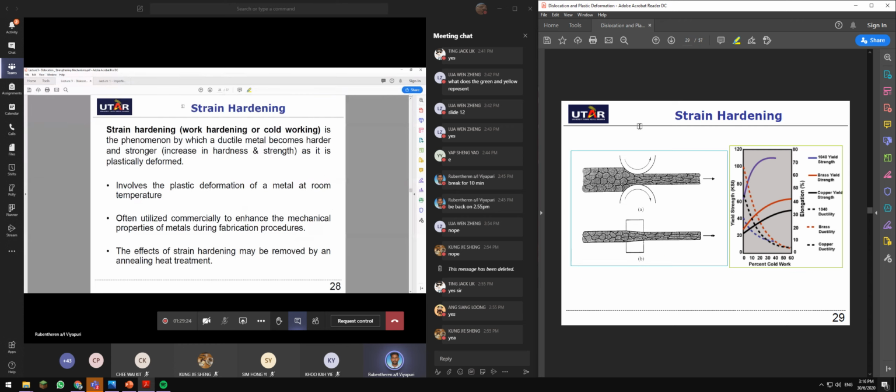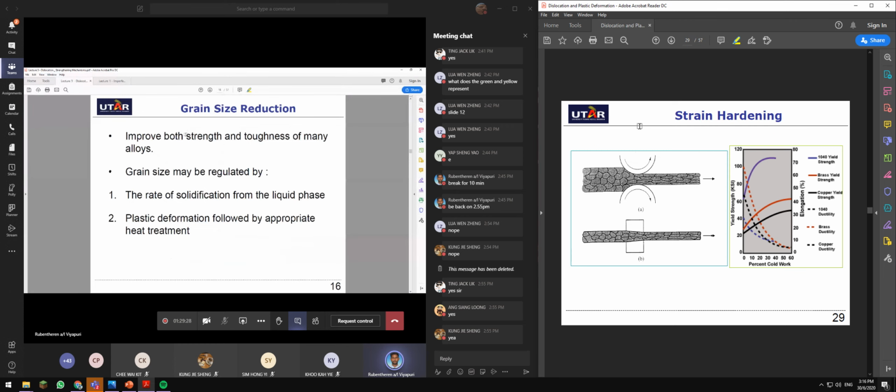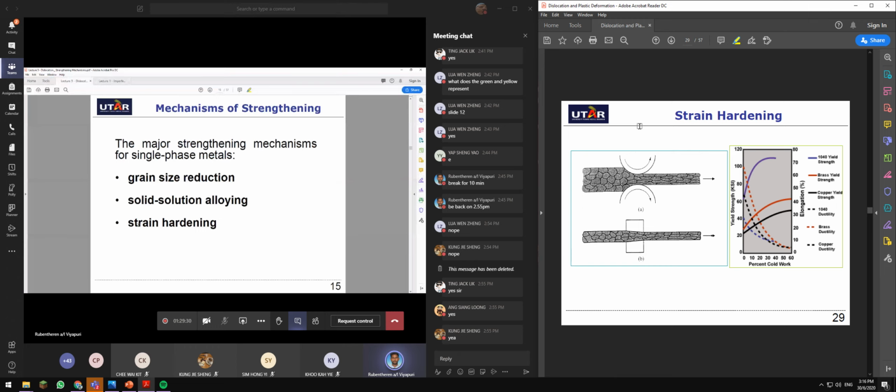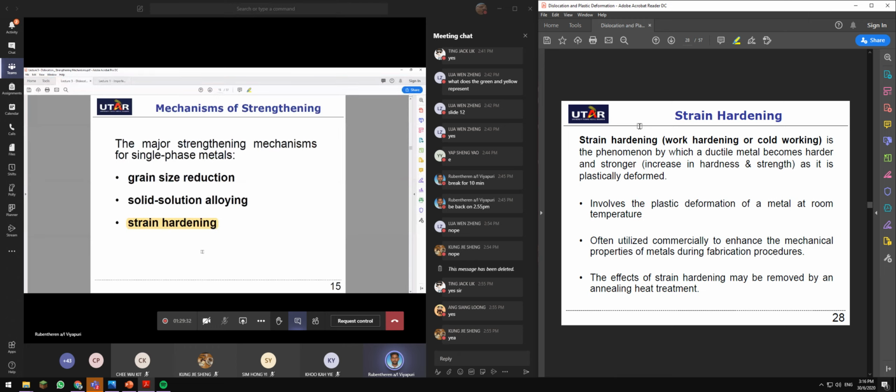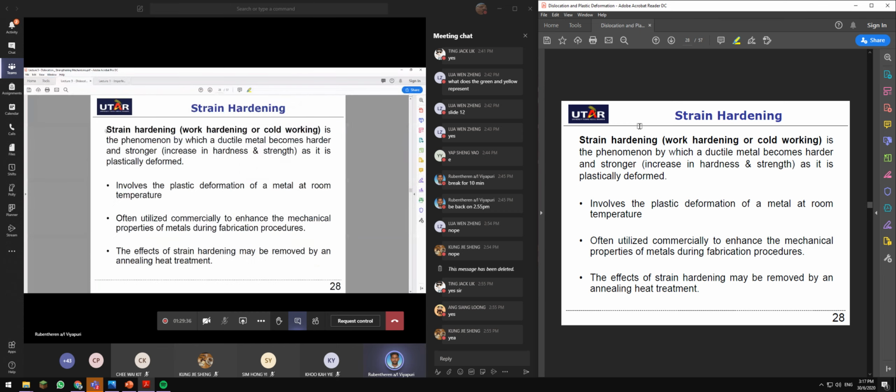So that is on the solid solution strengthening. Now, the third option for strengthening mechanism is strain hardening. For strain hardening, we can call that cold working or work hardening.